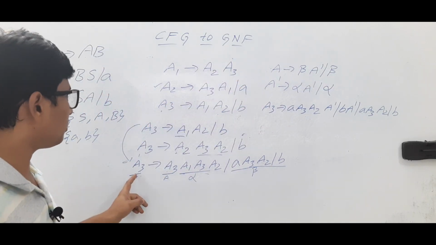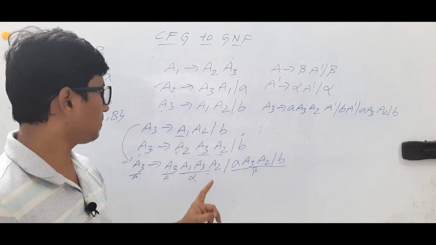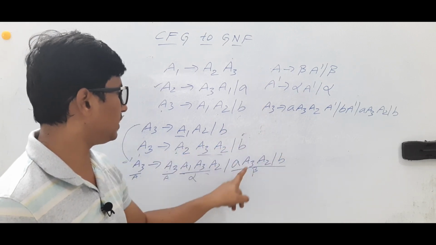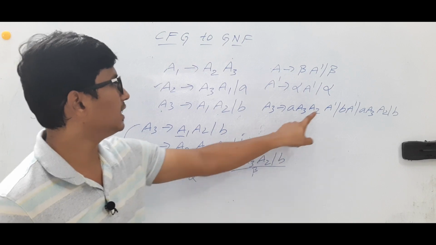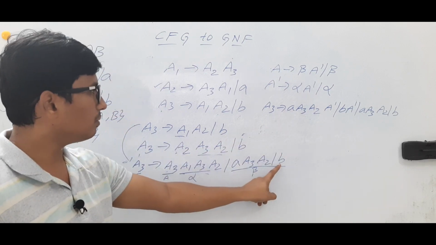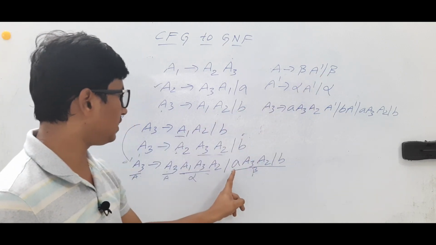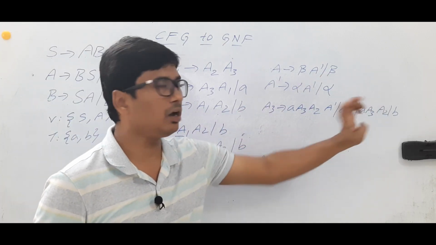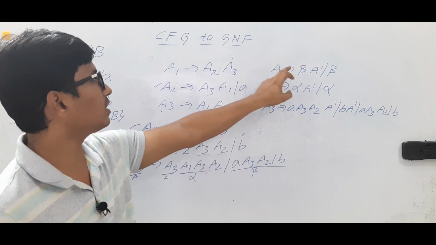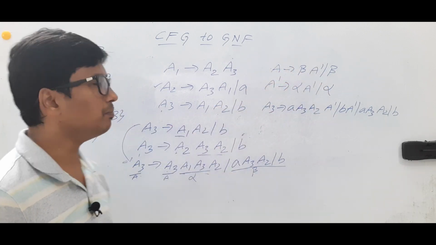Now in place of A, I kept A3. This is my beta. I kept A3, A2, A dash, or B, A dash, then beta. What is the beta? A3, A2 or B. So this is what I got. A determines beta A dash or beta.